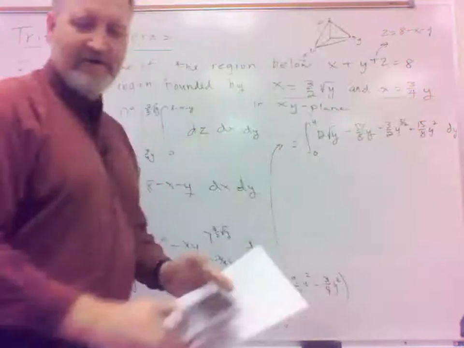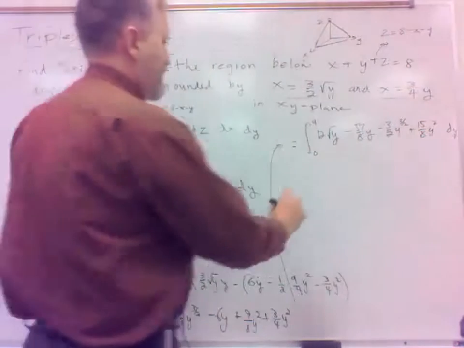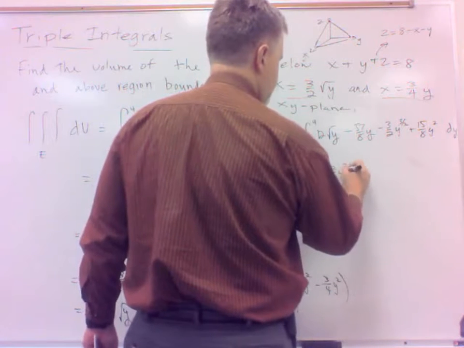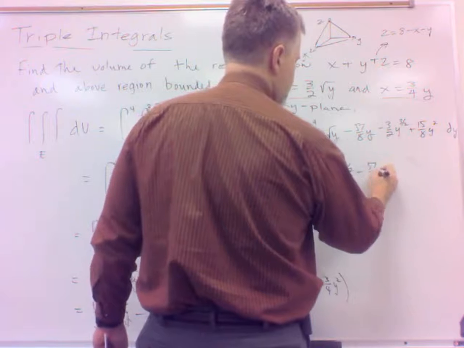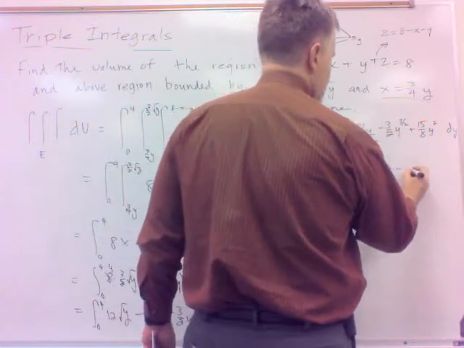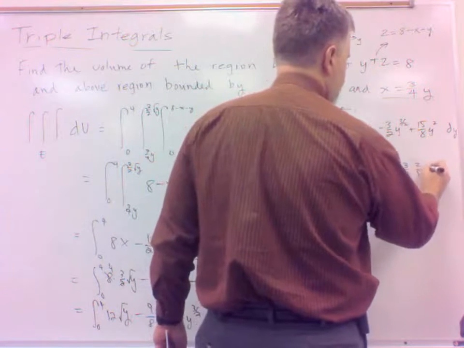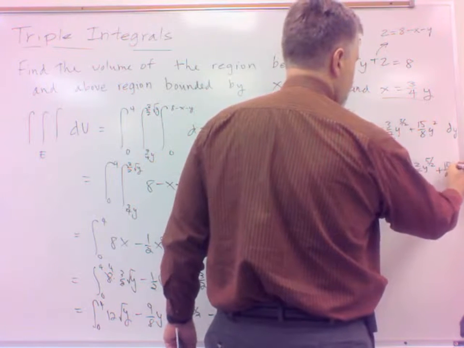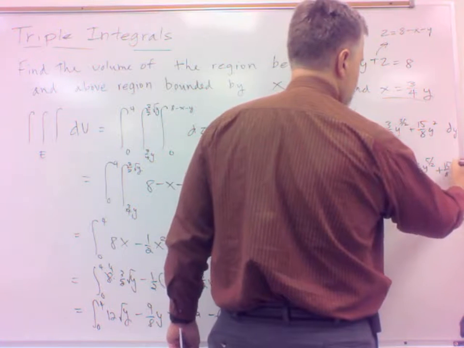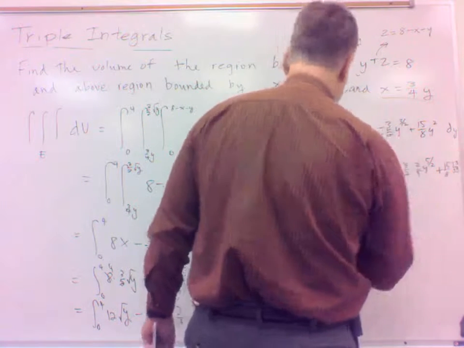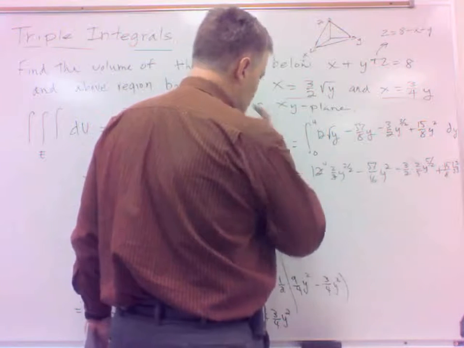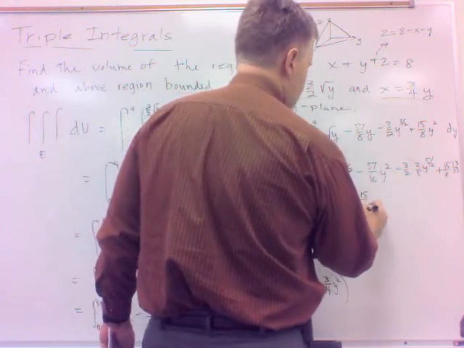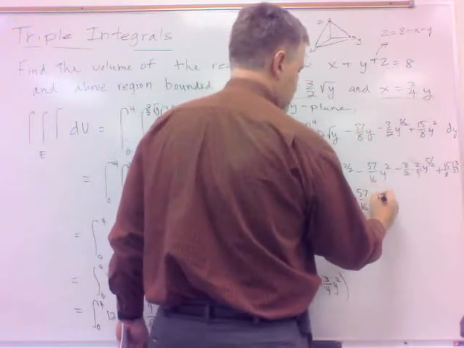So the good news is we are going to do 0 to 4 ultimately, so that would be 12 times 2/3 y to the 3/2 minus 57/16 y squared minus 3/2 times 2/5 y to the 5/2 plus 15/8 times 1/3 y cubed, and we're going to run that from 0 to 4. We have 8 times 4 to the 3/2 minus, oh look at that, 57/16 times 16.